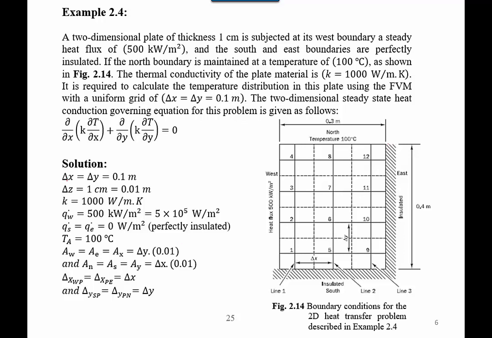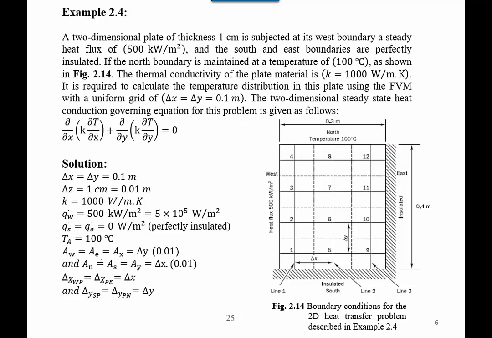So we will write delta x equals delta y equals 0.1 meter, and delta z equals the depth of this plate, which is 1 cm, equal to 0.01 meter. K equals 1000 watt per meter Kelvin, and the rest goes for the boundary conditions. The flux at the west equals 500 kilowatt per square meter, and there is no heat flux, equal to 0, at the east and south surfaces, and also temperature equals 100 at the north.